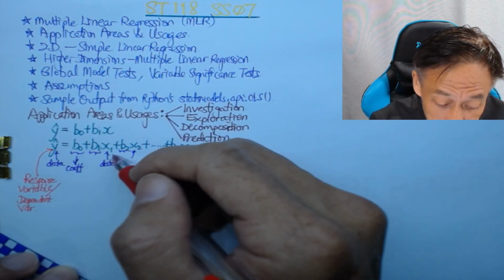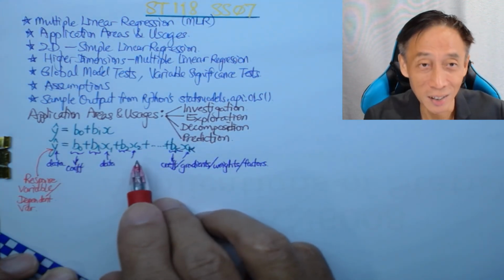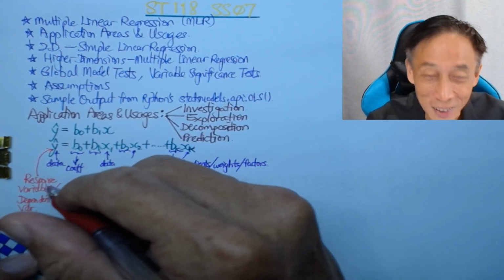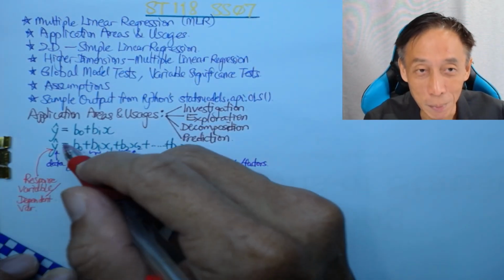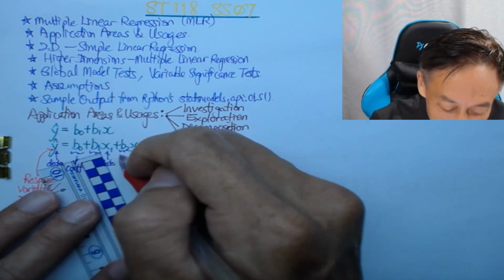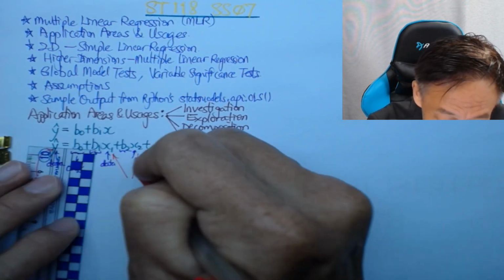Because after all, we may find that they don't work. Y is independent of x1, x2, x3, right? Then it'll be quite a strange thing to say: the dependent variable is independent of the explanatory variable. So that's my next highlight here, which is the axis.